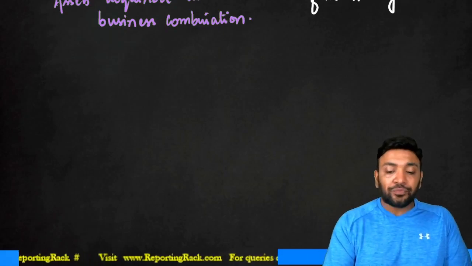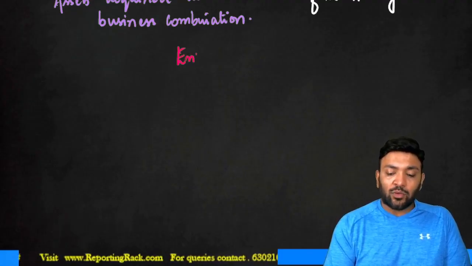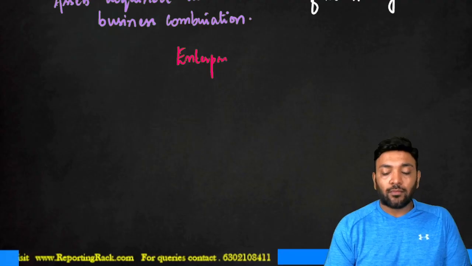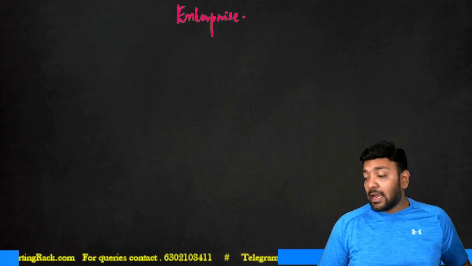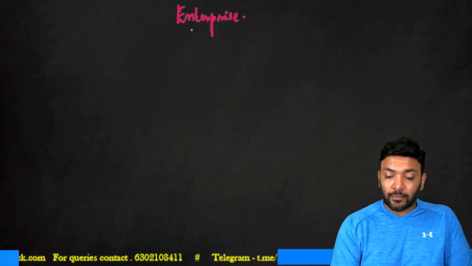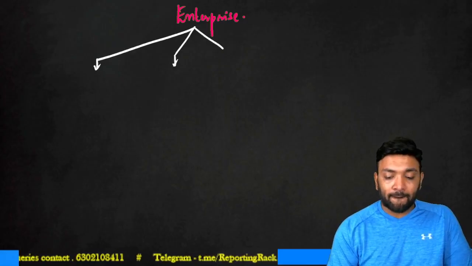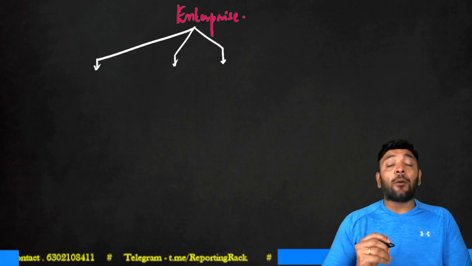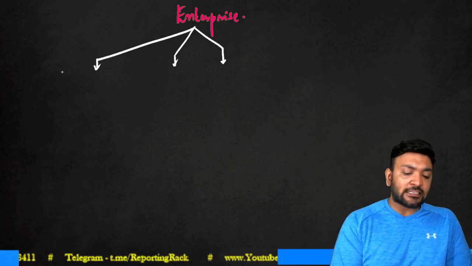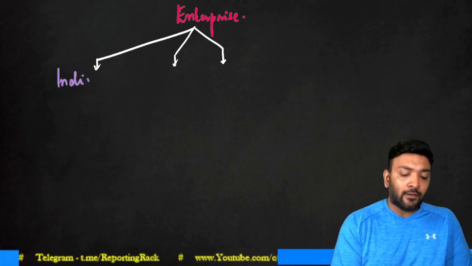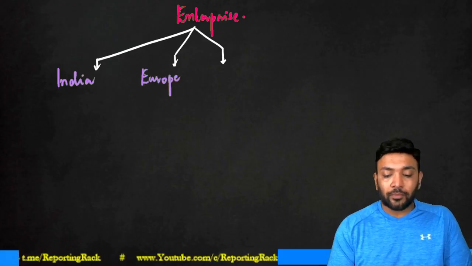Let's say, for example, there was an enterprise. This enterprise which I'm talking about has, let's say, operations in various countries. My operations in various countries are India, Europe, and America.